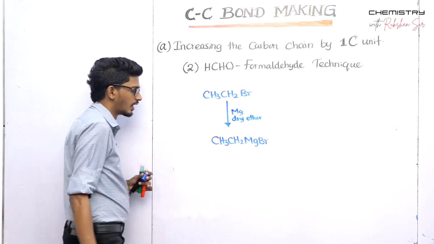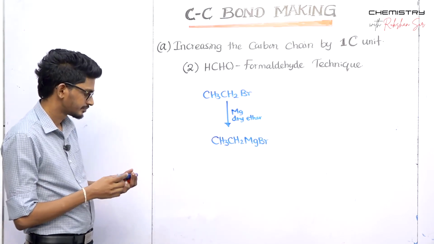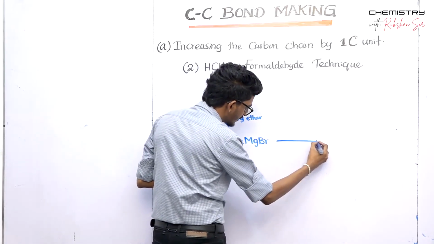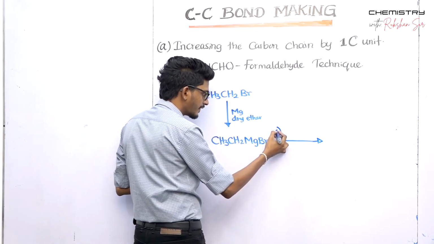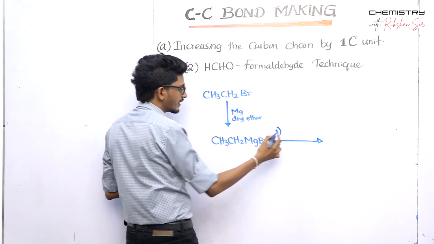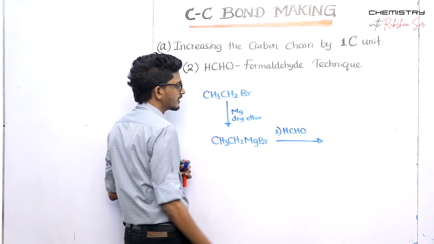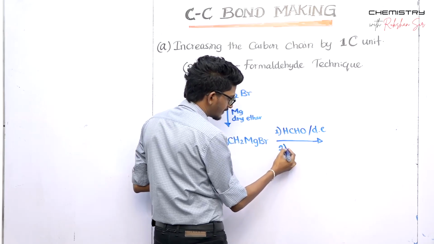Simple stuff, no? First convert that, then just add the formaldehyde, HCHO, in dry ether medium, and then the acidic workup.